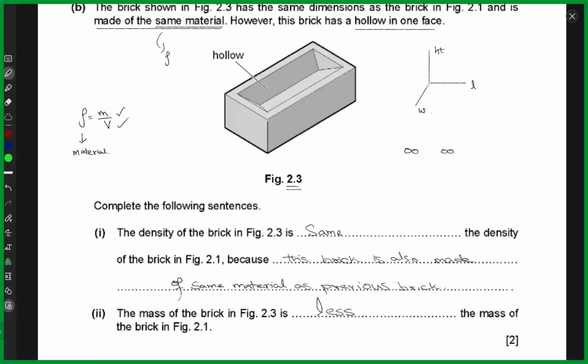If the atoms or molecules have been taken out of that place, that means that the mass, the amount of stuff, has been taken out of the place. So when you take out something, you're decreasing the amount of stuff, which means that you're decreasing the mass, right? And so, of course, the mass would be less for a material that is hollow.